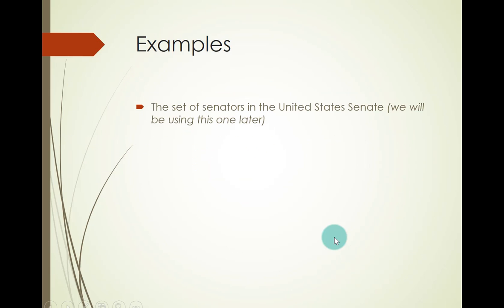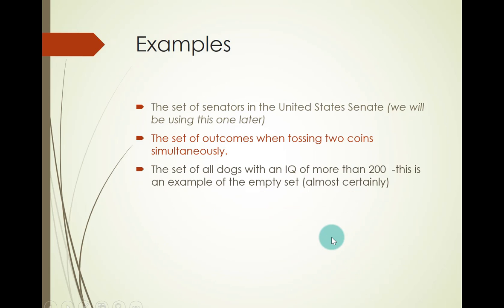Examples would be the set of senators in the United States Senate, and we'll be using a data frame that has this as its contents; the set of outcomes when tossing two coins simultaneously; and the set of all dogs with an IQ of more than 200. This is an example of an empty set, almost certainly. I don't think there are any dogs that have an IQ of more than 200.